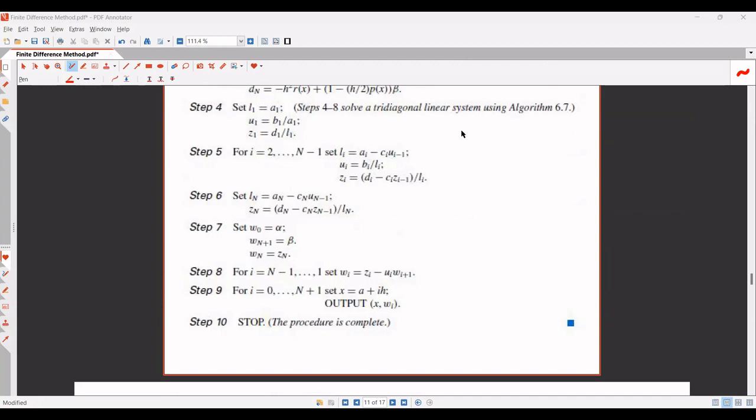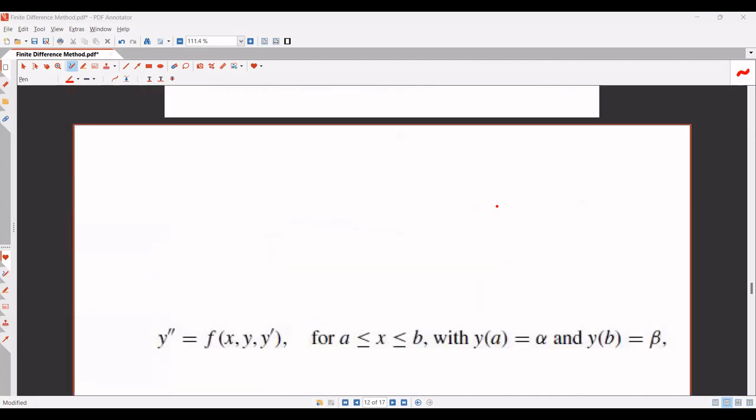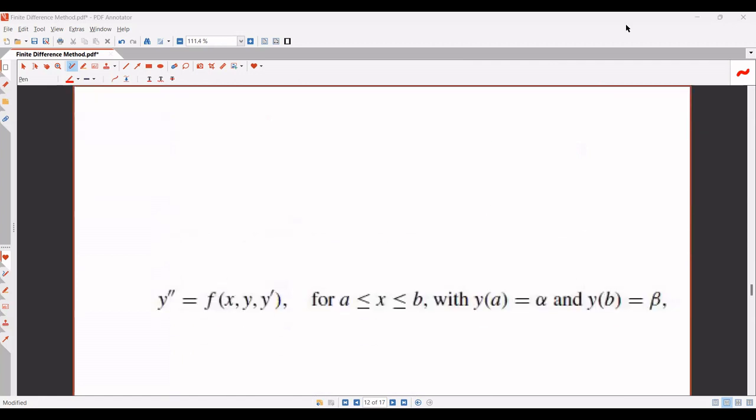All right. So solving a linear boundary value problem was slightly easier actually. This one is, sorry, this one is non-linear.